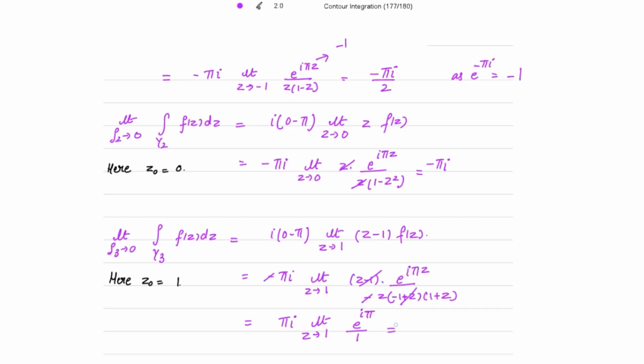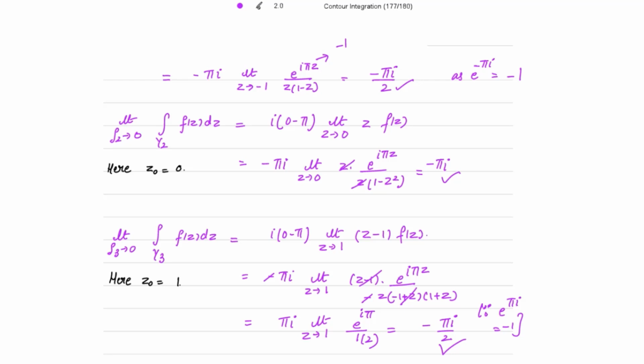So this is equal to minus pi iota by 2, because e to the power pi iota is equal to negative 1. In the denominator also this is 1 plus 1 is 2. Right? So we have three values. For gamma 1 I have this value, for gamma 2 this value, for gamma 3 this value.